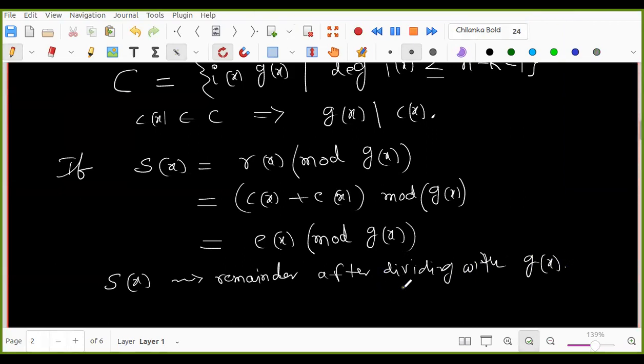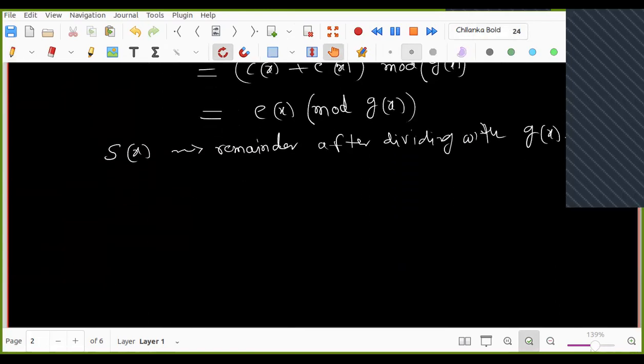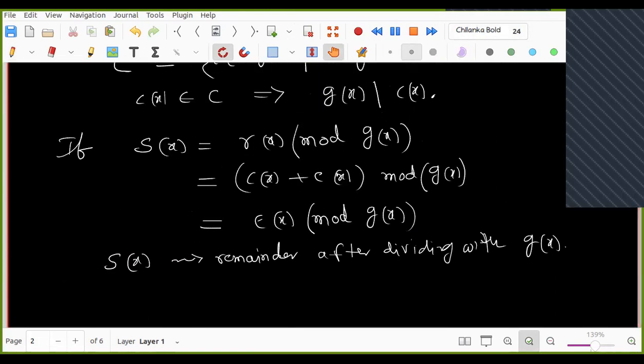Are there any questions? Okay. So it is simpler. We can do much better with syndrome vectors.